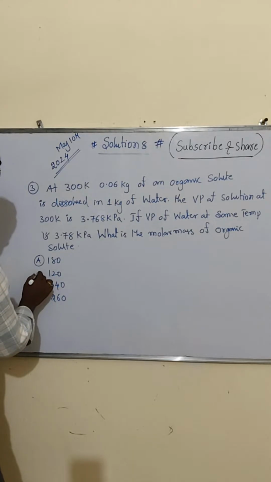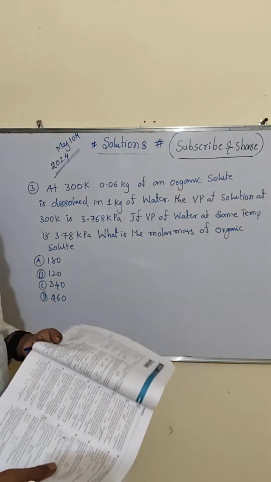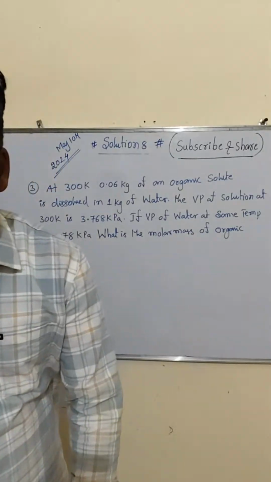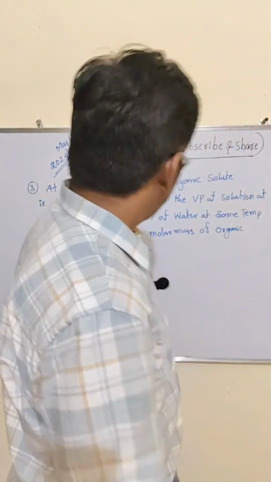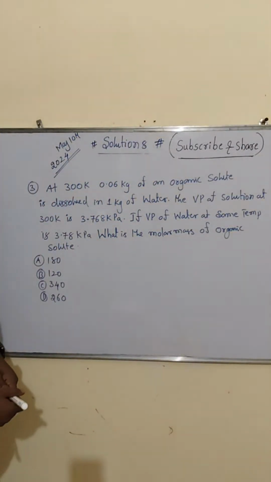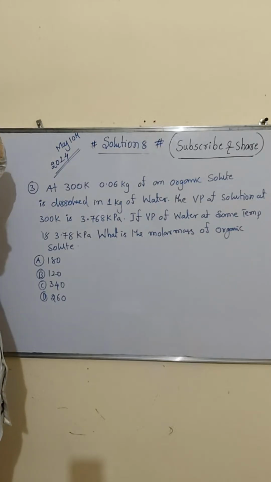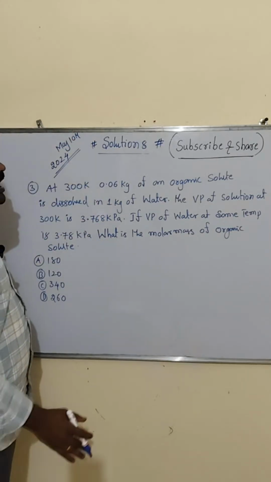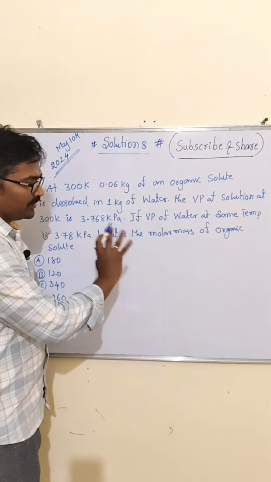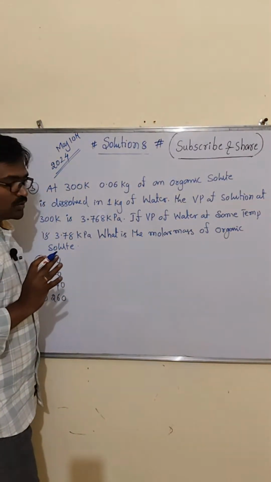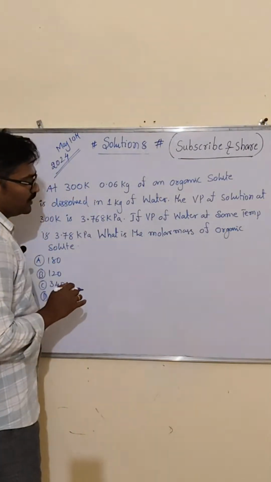Look at the question carefully, my dear students. Here it is a non-volatile solute, so we have to use Raoult's law. The relative lowering of vapor pressure equals the mole fraction of solute.